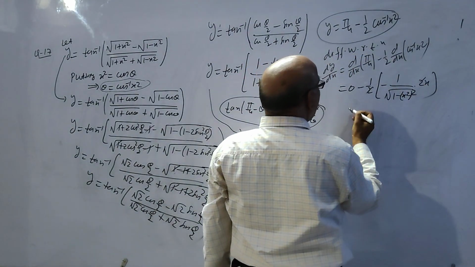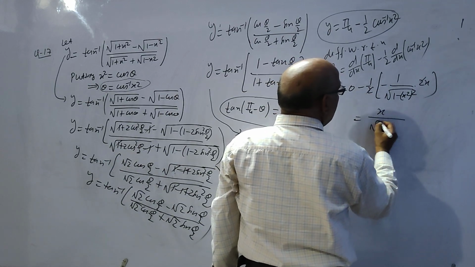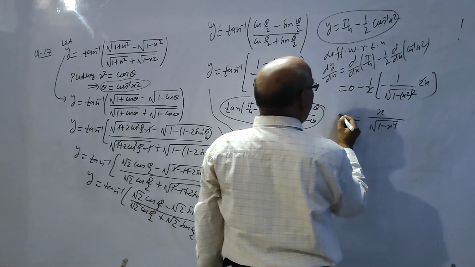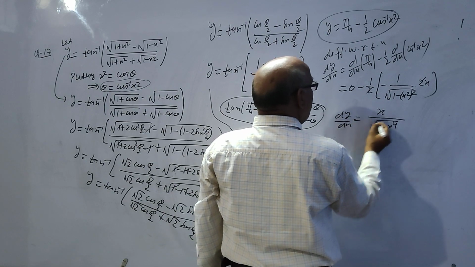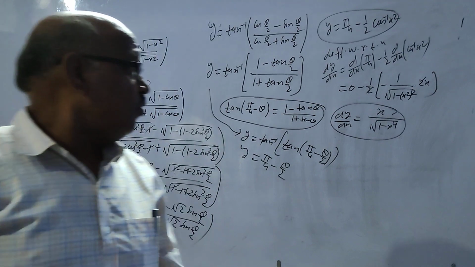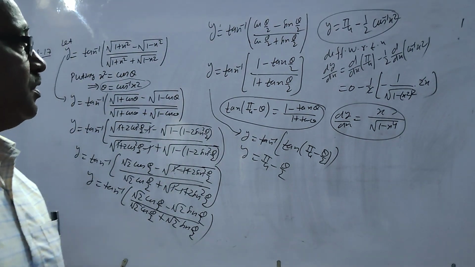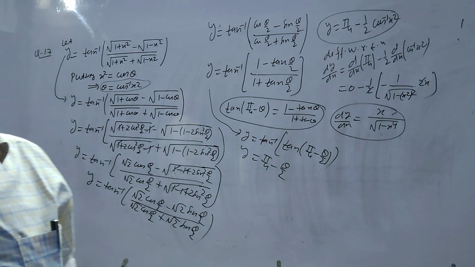This 2 is cancelled out by 2, and minus into minus is plus, so dy over dx is equal to x upon under root 1 minus x to the power 4. So this is the required result.